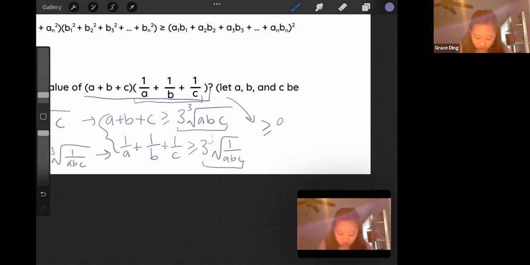So you should get 9 times the cube root of ABC over ABC, and this is just equal to 9 times 1, which is equal to 9. So that's how you use AMGM to solve it.